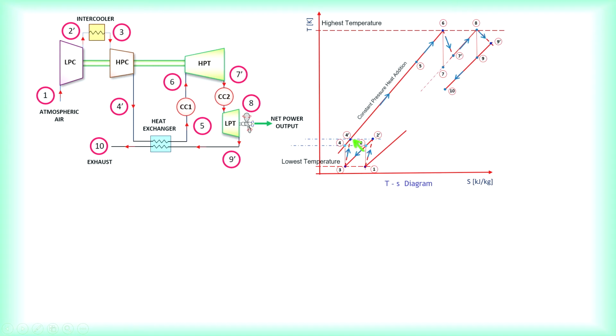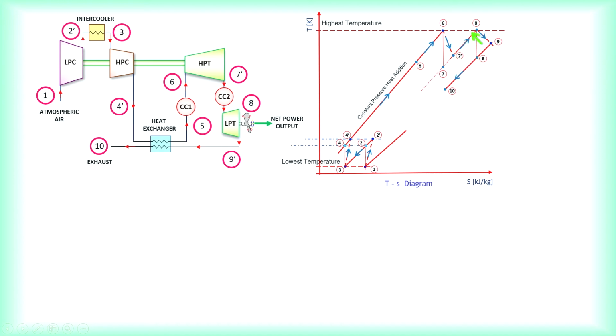Then from 4 prime to 5 is when it goes into the heat exchanger, so that is here, point 5. Then from state point 5 to 6, that is where you have your first combustion chamber, at the highest temperature here, which is 923 Kelvin, if I'm not mistaken. Then it goes into the turbine where it undergoes isentropic expansion, with irreversibility.